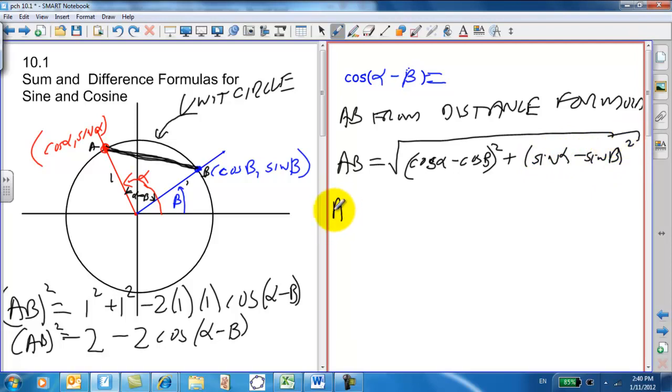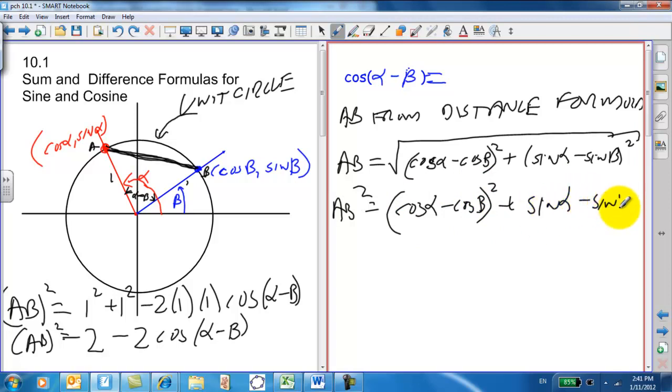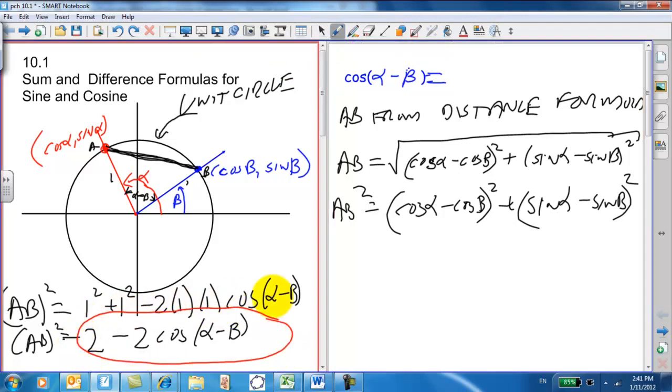And then square both sides, so AB squared equals cosine alpha minus cosine beta squared plus sine alpha minus sine beta squared. So we can set these two expressions equal. These two expressions must be equal because they're both equal to AB squared.